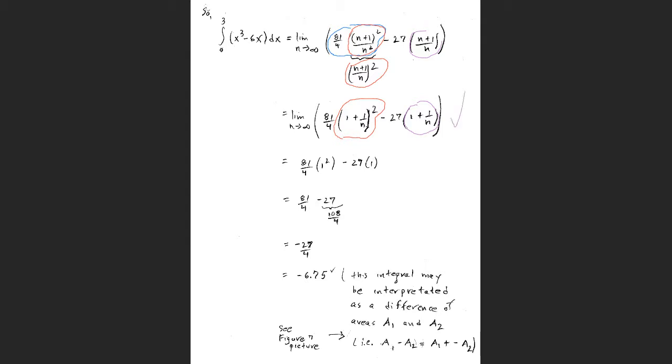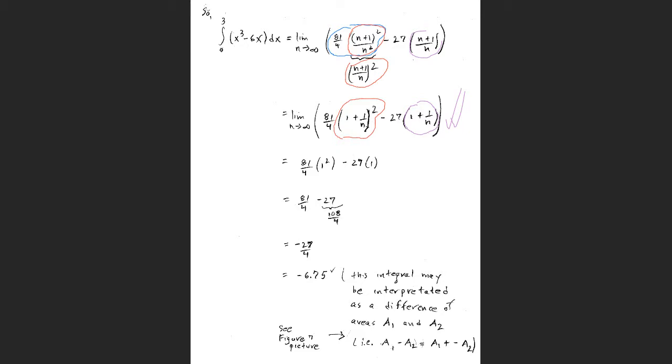Once I rewrite the expression in this form, it's easy to see that as n goes to infinity, the 1 over n terms are going to approach what? Well, hold on, Ian, I will get to your question.